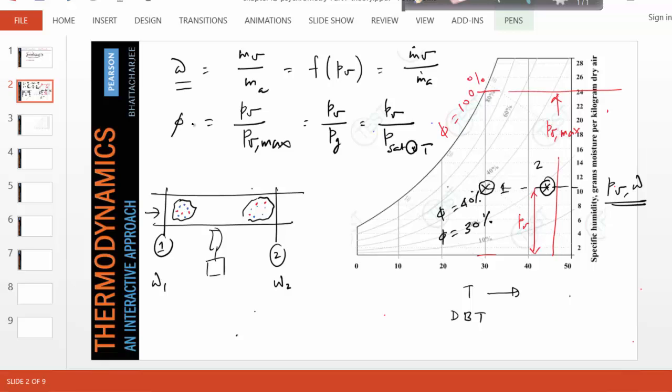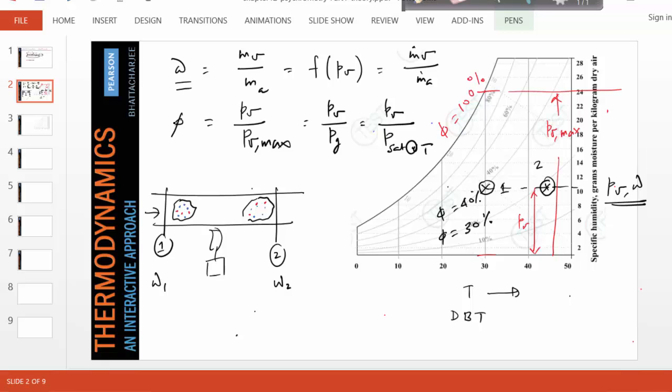So it becomes complicated because PV doesn't change, but P sat is changing. We know as temperature increases, the P sat, the denominator, is increasing, but PV doesn't change. Therefore, phi keeps on decreasing as you heat the air.